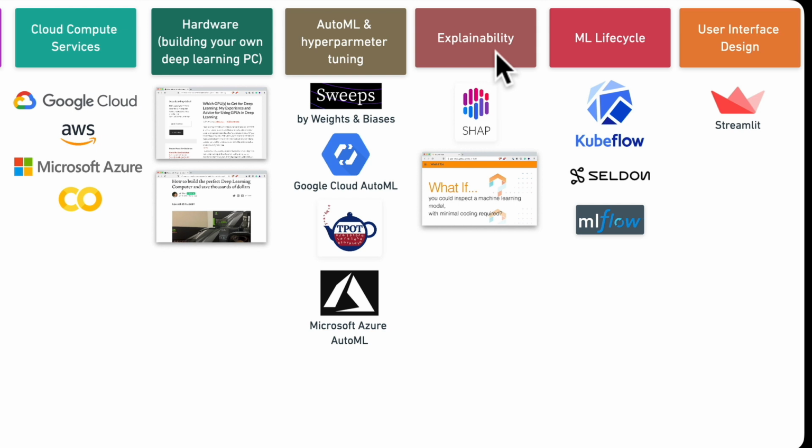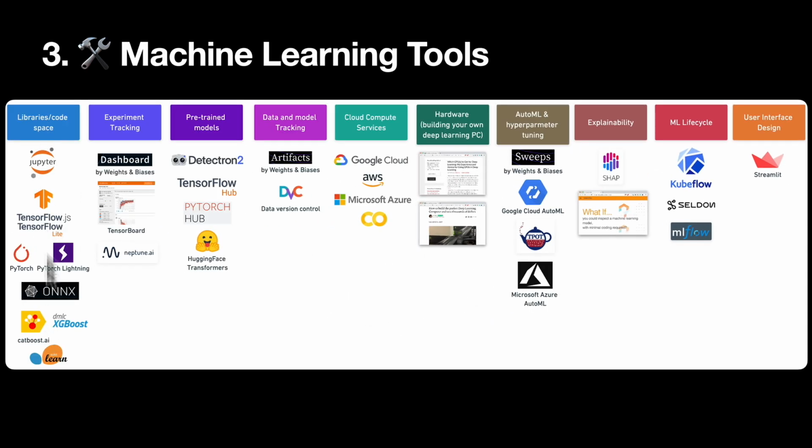Why did my model do that certain thing? Machine learning lifecycle, aka MLOps, that's probably a better name there. User interface design. At the moment, Streamlit is probably in a class of its own there. It's pretty good.